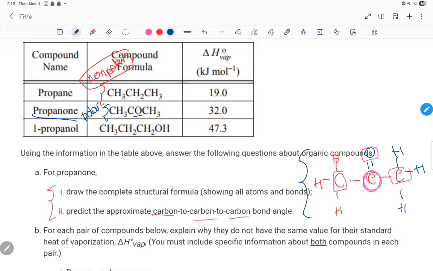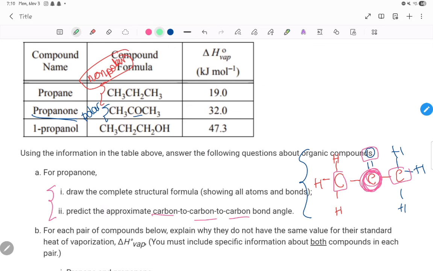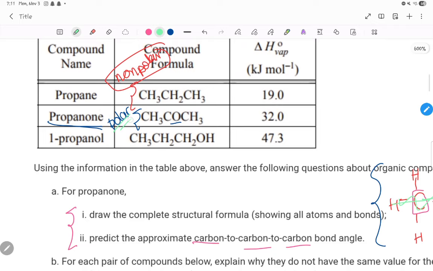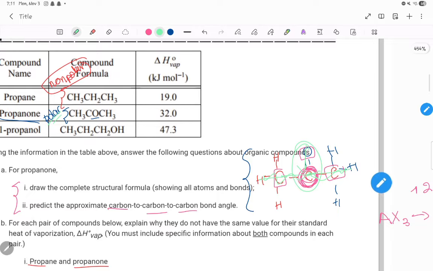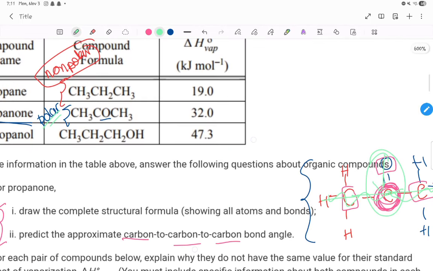Because as you can see, the oxygen is what makes it polar. Look, we're talking about this carbon as the central atom, right? So let's say that we have the polarization coming from here, polarization coming from here, and polarization coming from here. These will cancel each other out, but there's still a polarization coming from the oxygen. So this is why it is polar, even though it is symmetrical. Yes, it is symmetrical, but the atoms surrounding the central atom are not all the same. So that's why it's polar.